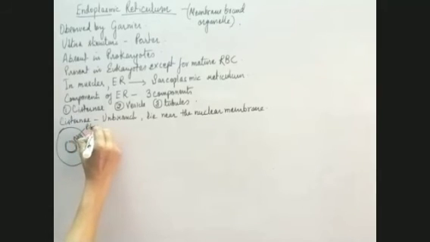These ribosomes are attached to the membrane of cisternae by a protein, and the name of that protein is riboporin.